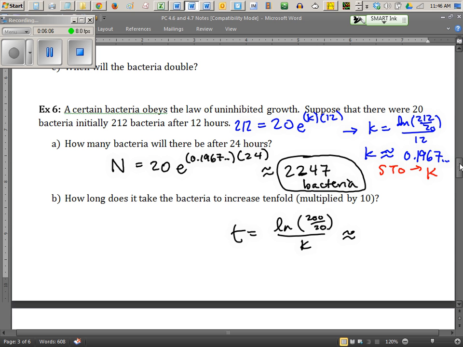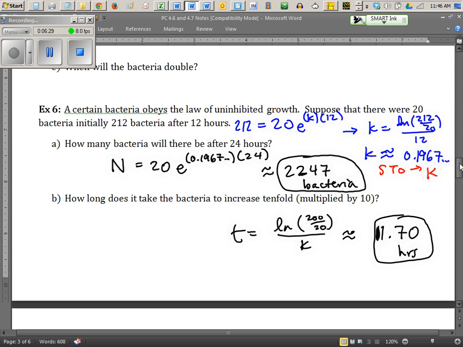That's what it's called, tenfold time. So, in other words, you could just type ln 10 over k. And k is already stored. So 11.70. And this would be hours. It's a time.